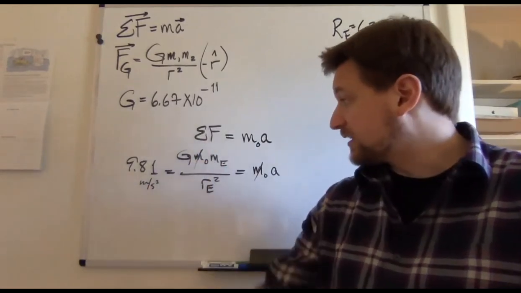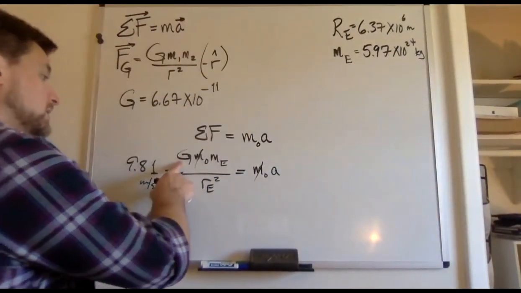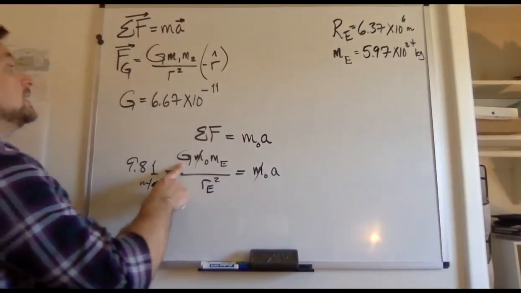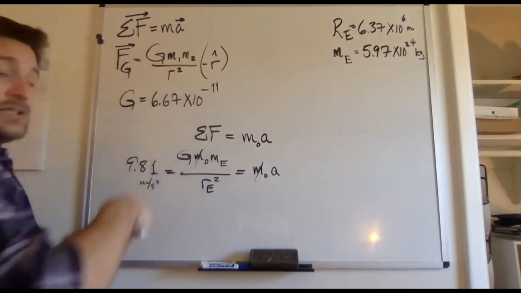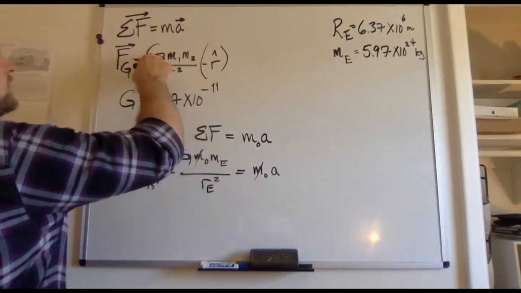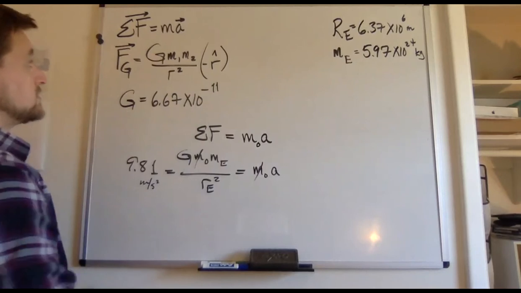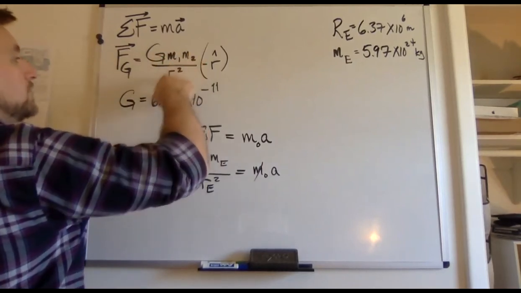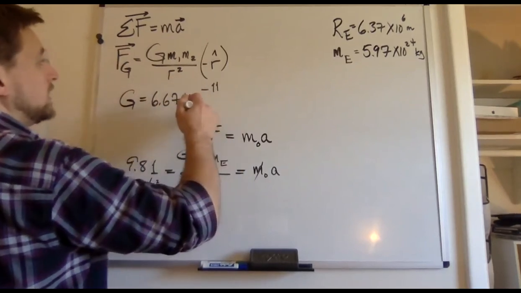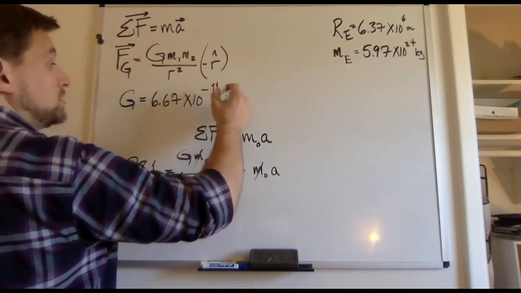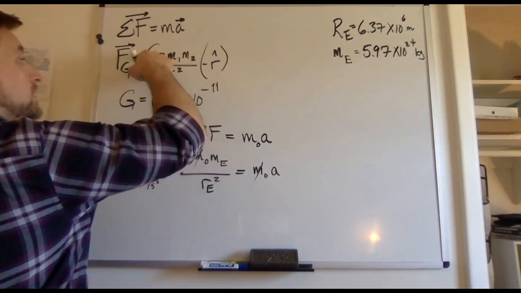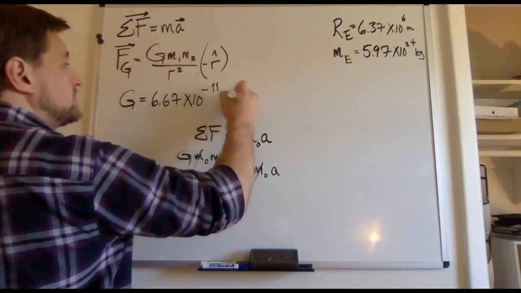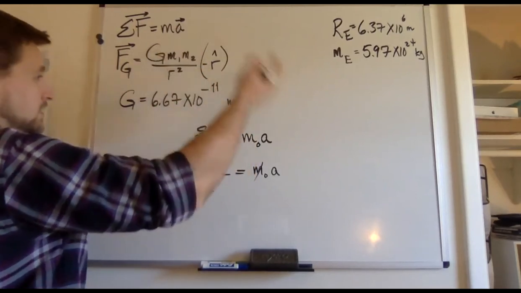It's meters per second squared only if we can agree what the units are for capital G. And the units for capital G are what they need to be so that the result is newtons. So we've got kilograms per meters squared. All right, so it's got to be something with some meters squared. So when we divide by meters squared, they're gone.